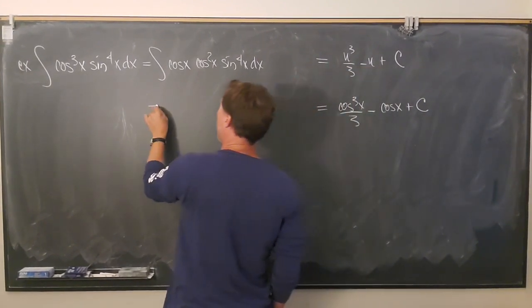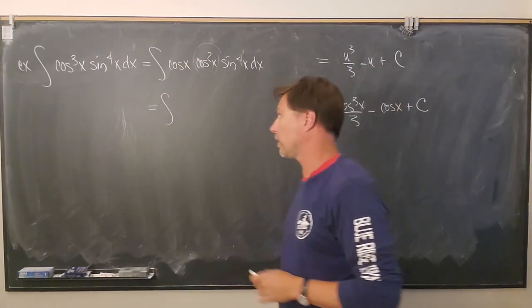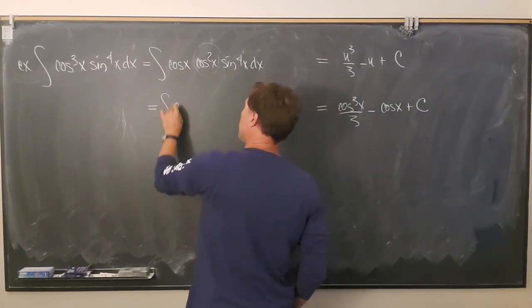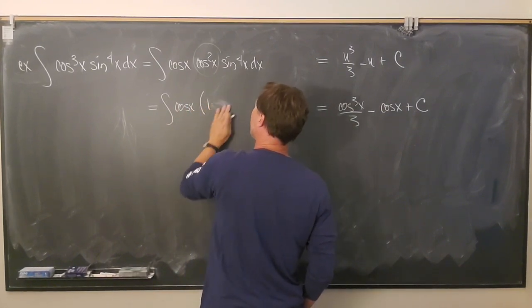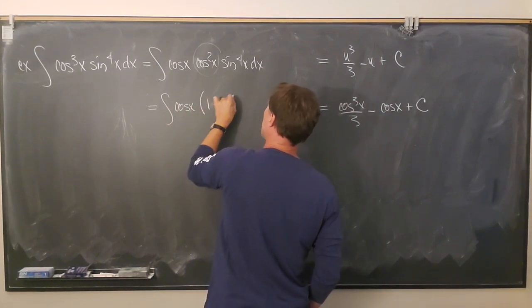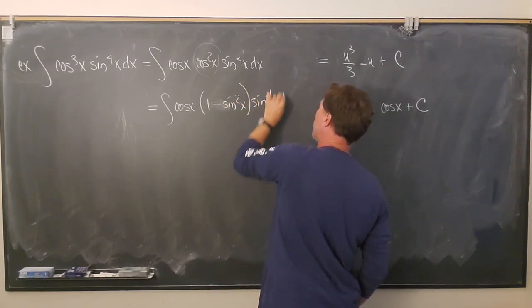Now I can apply identity number 1 to that cosine squared right there. So it's going to go like this: cosine x times 1 minus sine squared x times sine to the 4th x dx.